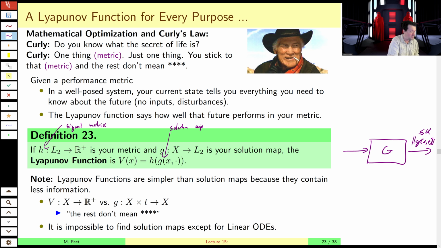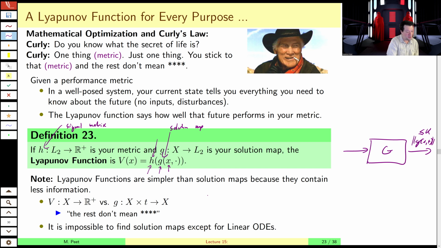It's just the composition of that metric with the solution map applied to the given state. So in that sense, if the system has this property that we want to analyze, there's always a Lyapunov function which proves it.